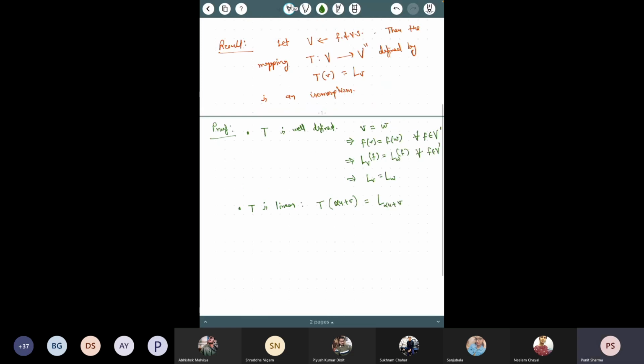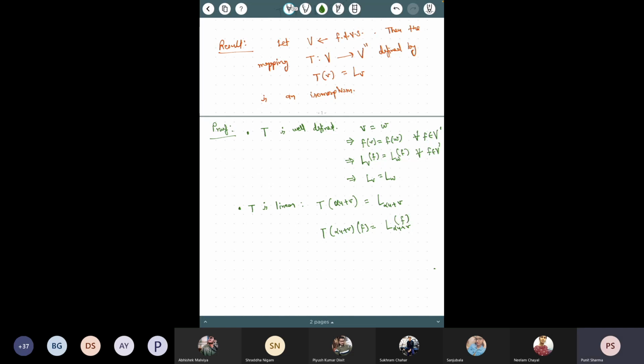This is an element in v double dash, so it is a linear function on v dash, a function from v dash to f. So this is equal to alpha u plus v applied to f.